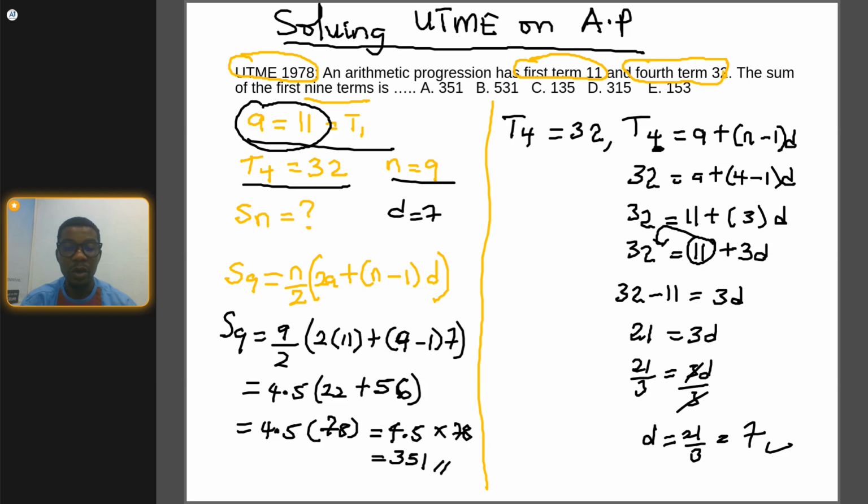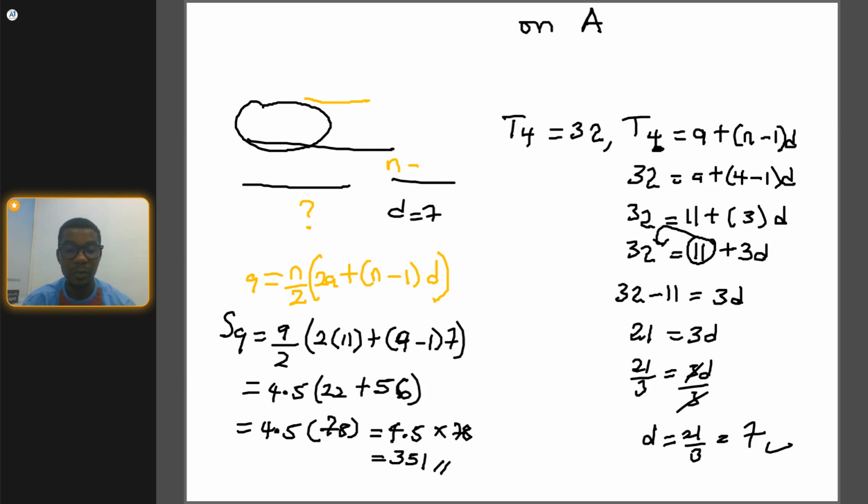That is question 2 under solving UTME questions on AP, arithmetic progression. Going to wipe the board so we can have the next question on the screen.